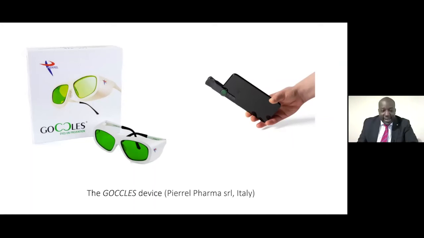It's quite a nice, again, it stands for something. All of these devices stand for something. So it stands for glasses for oral cancer curing light exposed screening. This product was designed to create an easy and low cost method to visualize oral mucosal abnormalities. It consists of a pair of glasses equipped with filters, which the user will wear. Then you use a normal curing light on any area.